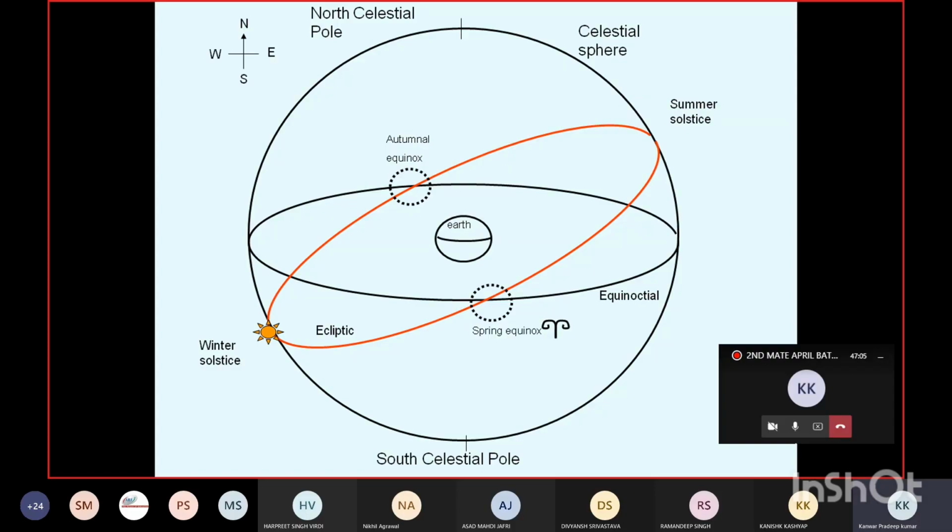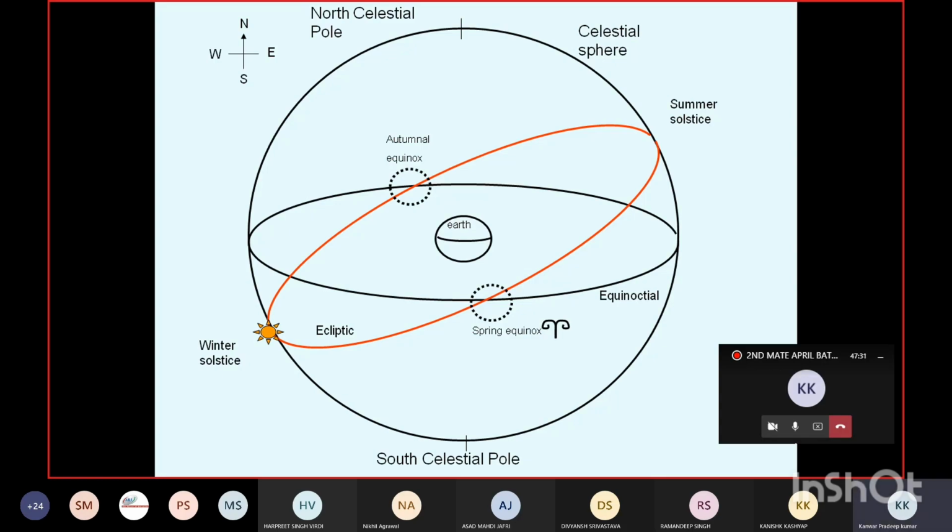Now, can you imagine this, Earth in the center and these two lines? Now I am outside the celestial sphere and looking at it from the side. The equinoctial is in front of me and I am looking directly at the first point of Aries.